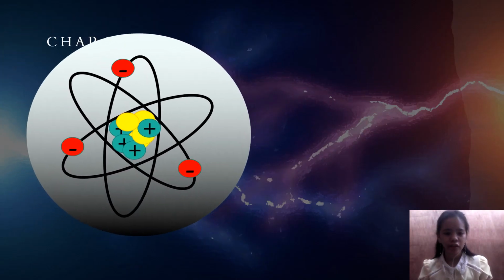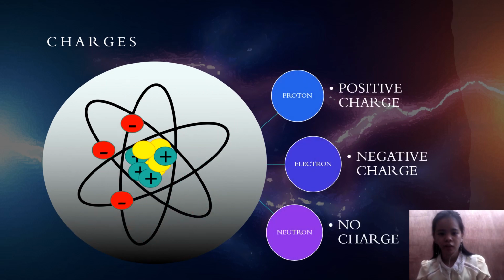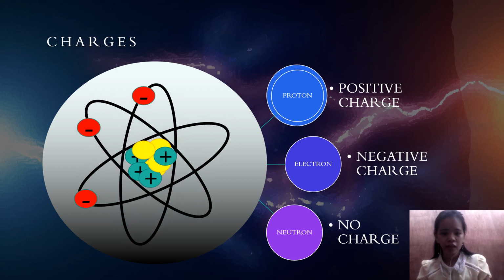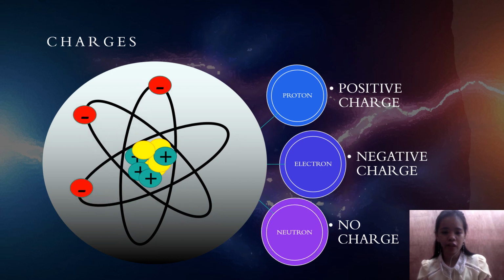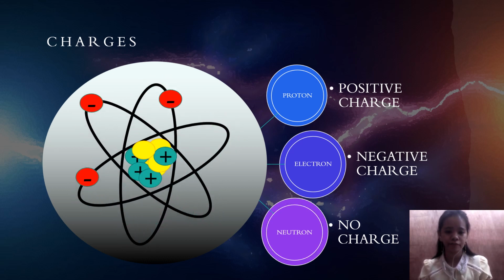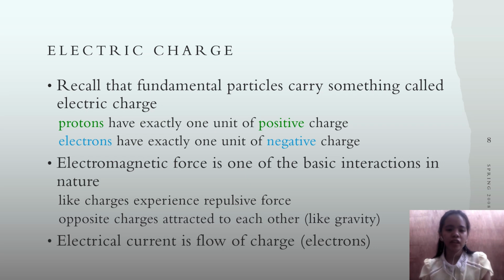So charges. This is an atom, and the color green is a proton, which has a positive charge. The red one is the electron, which has a negative charge, and yellow has no charge, which is neutral. So, electric charge: recall that fundamental particles carry something called electric charge.